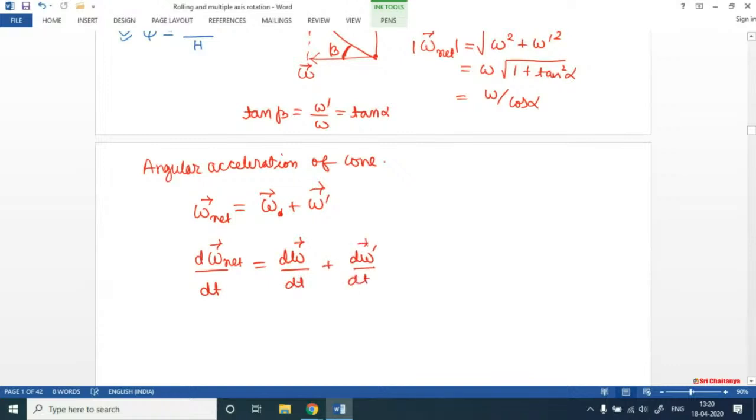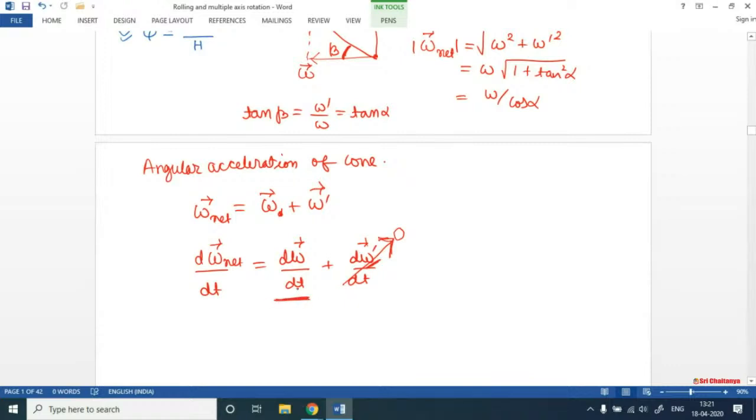In the diagram, omega dash is along the y-axis and its magnitude is equal to omega tan alpha. So for omega dash, neither the magnitude nor the direction is changing. So the rate of change of omega dash is equal to 0, and we are left with only the other quantity.